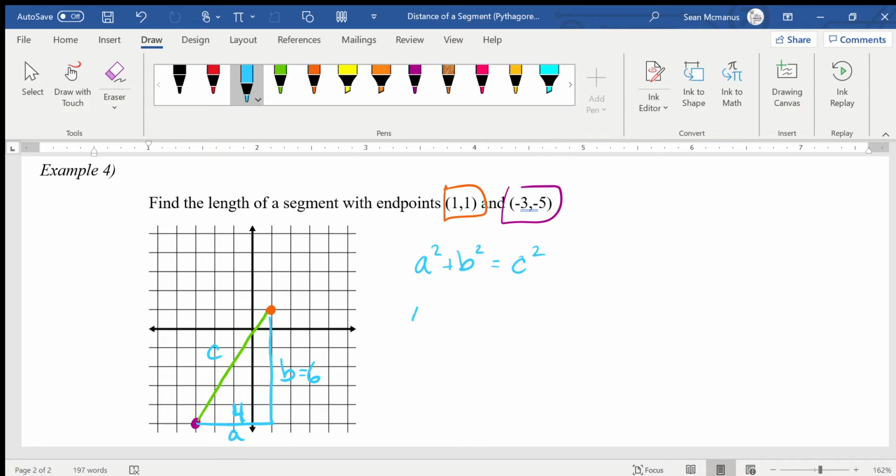So A is 4. So A squared is 4 squared, plus B is 6 squared, equals C squared. And now I'm just going to solve for the C. So 4 squared is 16. 6 times 6 is 36. 36 and 16, 36, 46, 52.